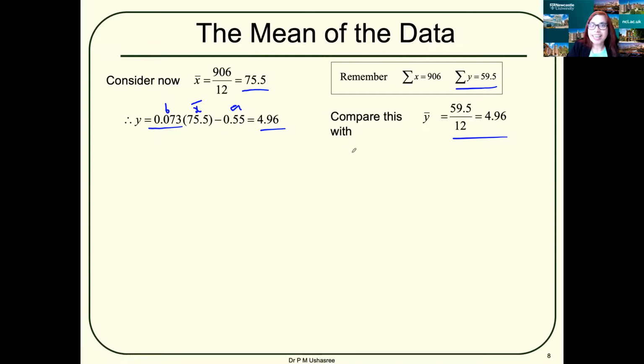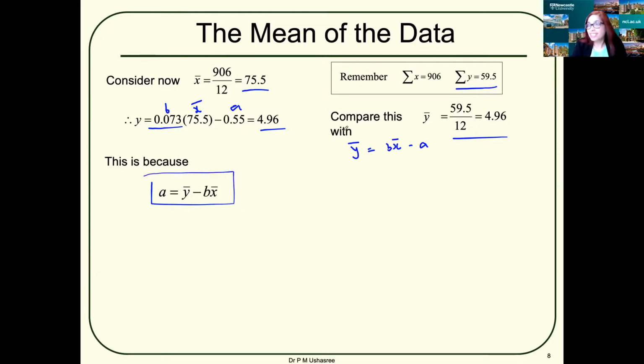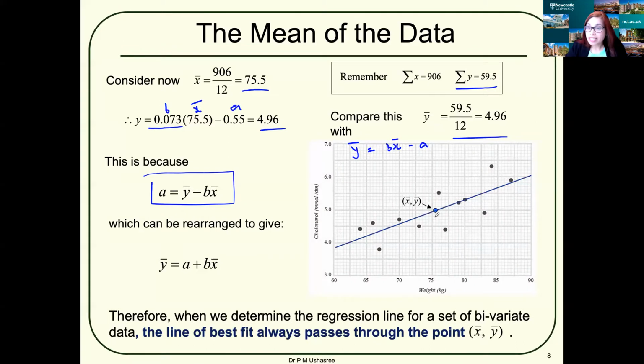So you can see that y bar is equal to b x bar minus A. This is because A is nothing but y bar minus b x bar. We have seen the formula and now we have seen it is true. Now, this can be rearranged to give y bar is equal to a plus b x bar. So what does it mean?